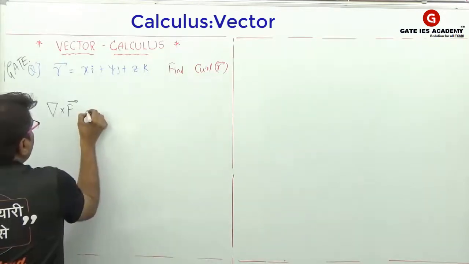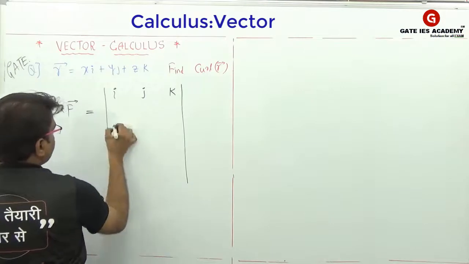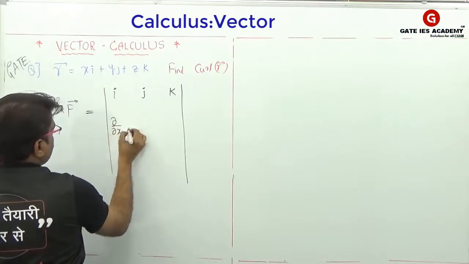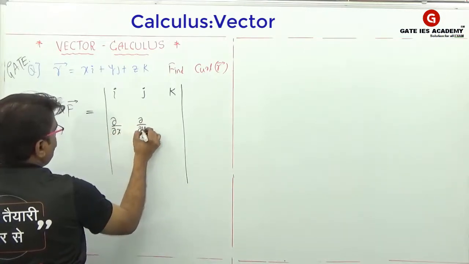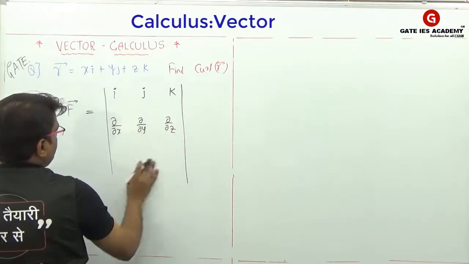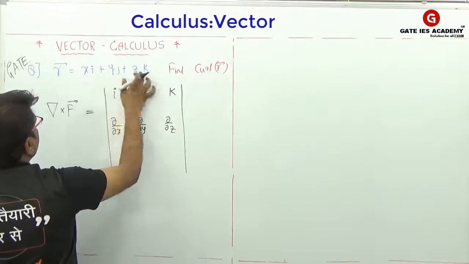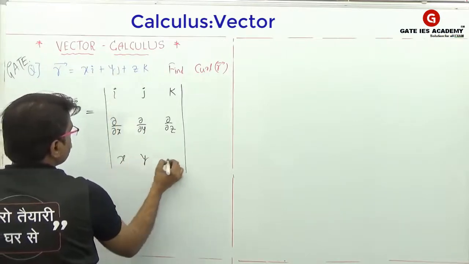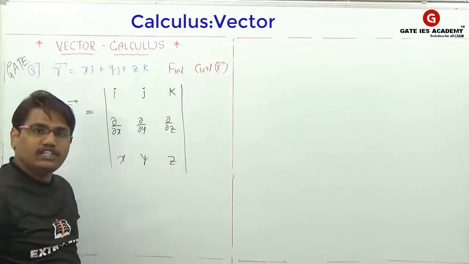Curl of r bar equals the determinant with i, j, k, ∂/∂x, ∂/∂y, ∂/∂z, and here x, y, z.